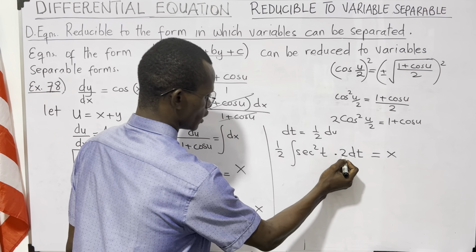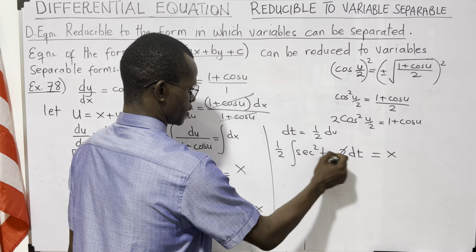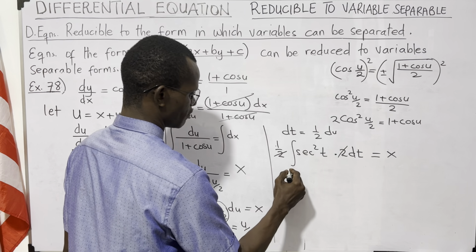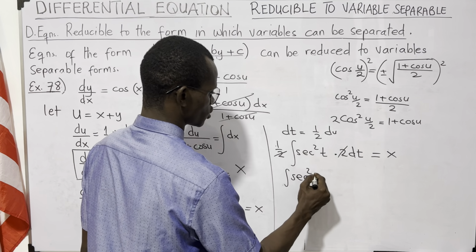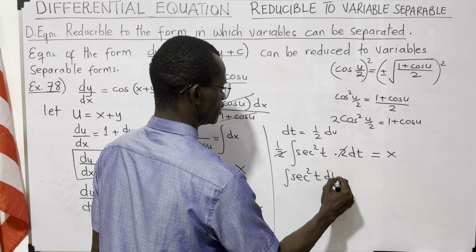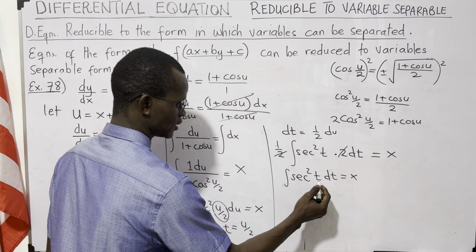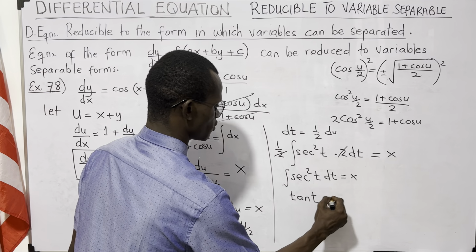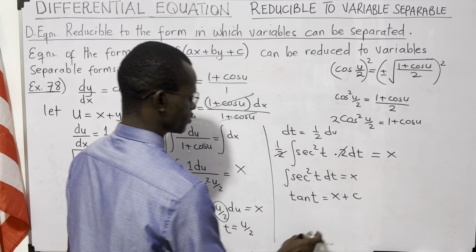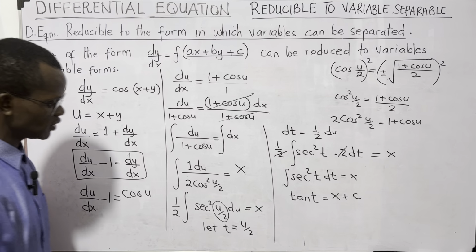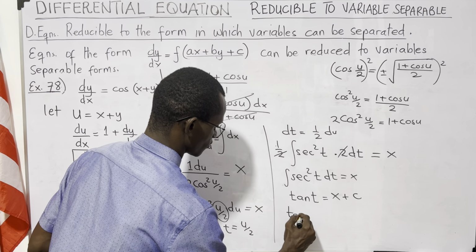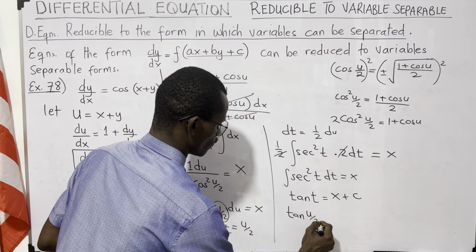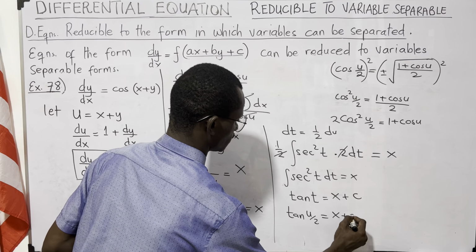So this 2 comes outside, we cancel this other 2. So we have the integral of secant square t dt, all equal to x. This is just tangent of t equals x plus some arbitrary constant c. So what is t? t is u over 2.